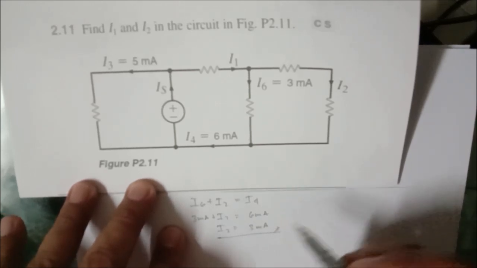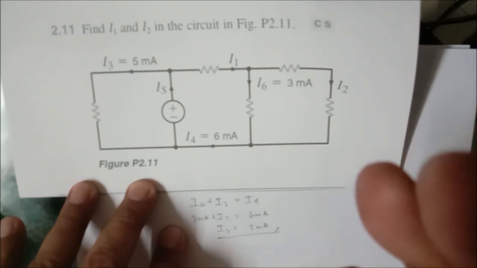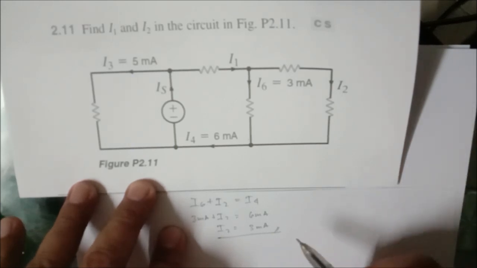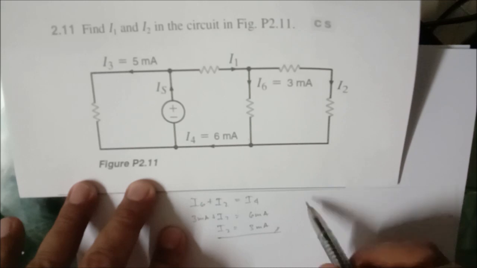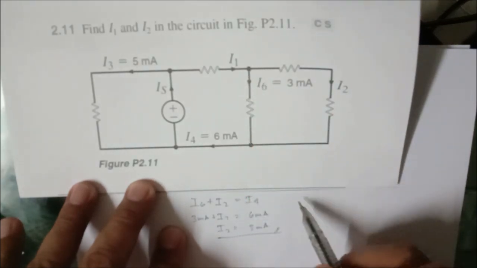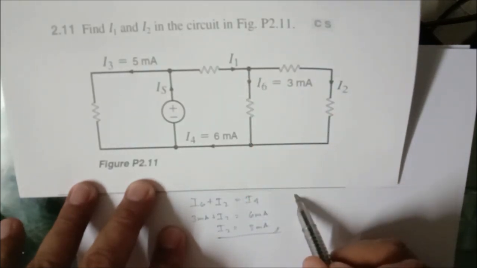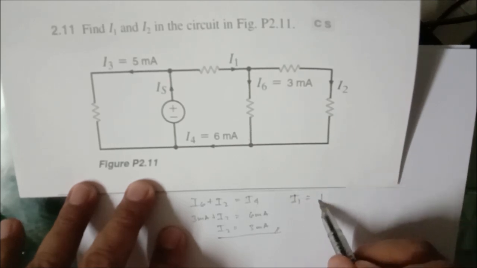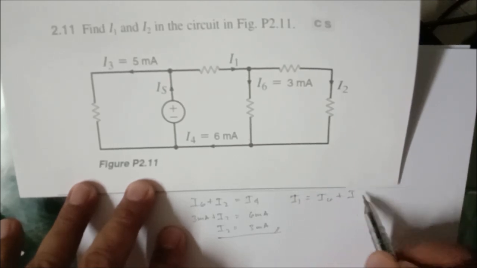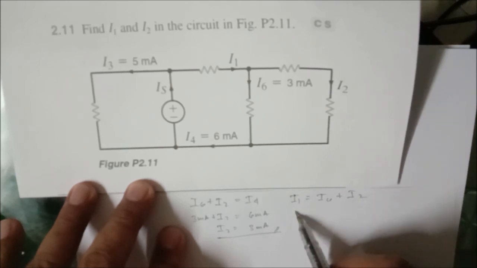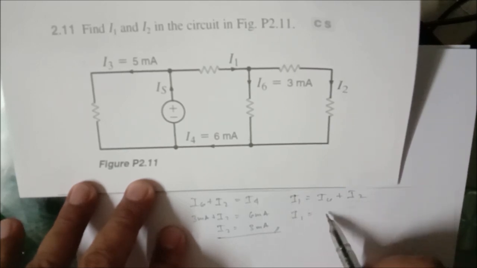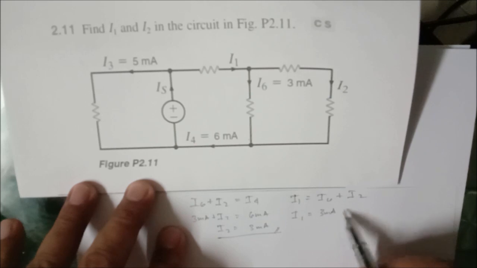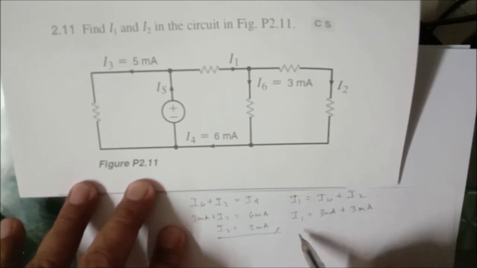So, ano ang kailangan natin? Ang kailangan natin ay I sub 1. Dito, sa point na yon, I sub 1 pumasok, lalabas natin ay I sub 6 plus I sub 2. So, I sub 1 is equivalent to 3 milliamperes plus 3 milliamperes, I sub 2 as what we have computed.